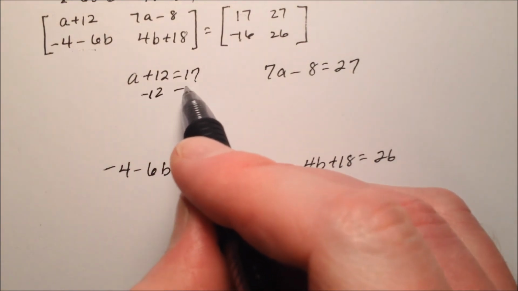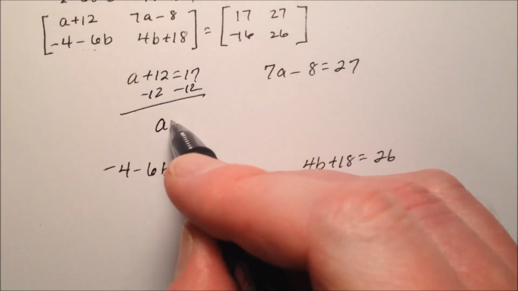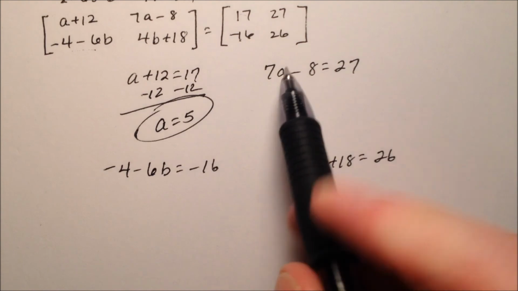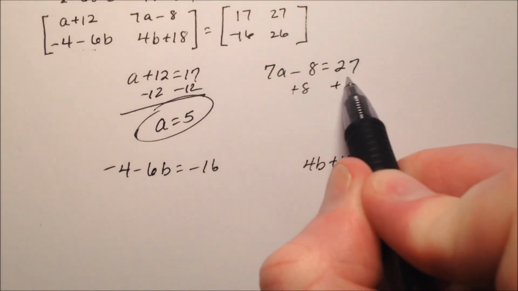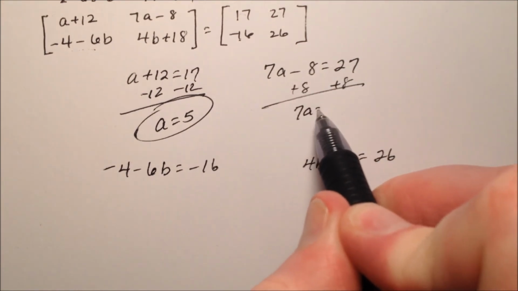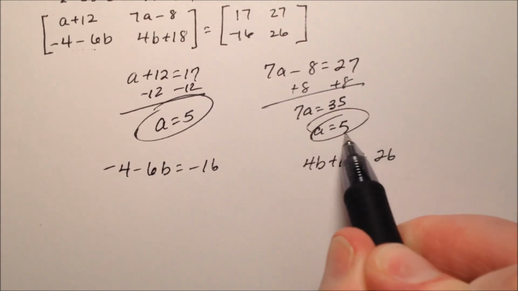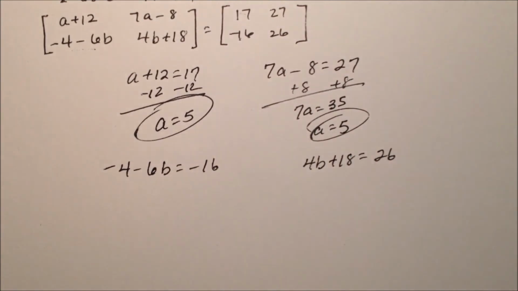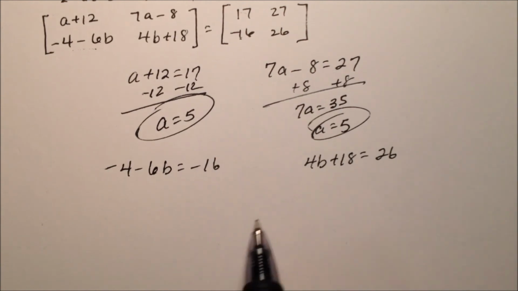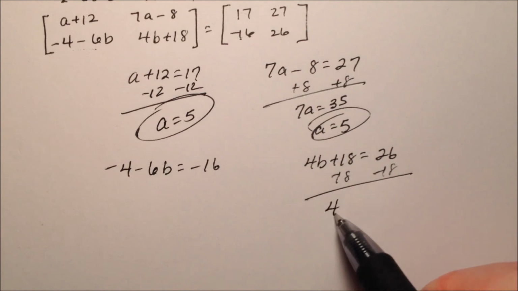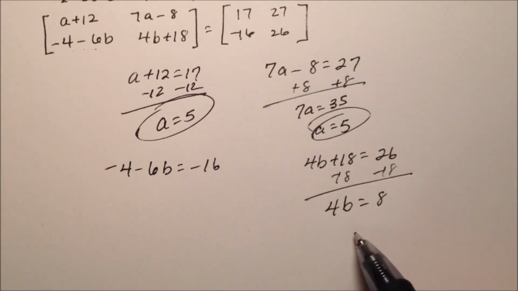If I subtract 12 from both sides, a equals 5. And I bet if I did the same thing over here, just to confirm, 7a equals 35. So again, a equals 5, and it should be the same because they're both a. For this one, if we subtract 18, we're going to get 4b equals 8.